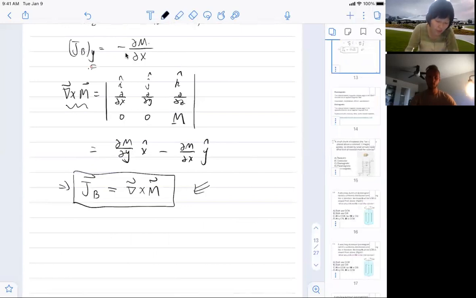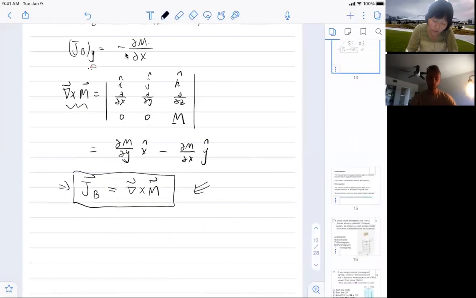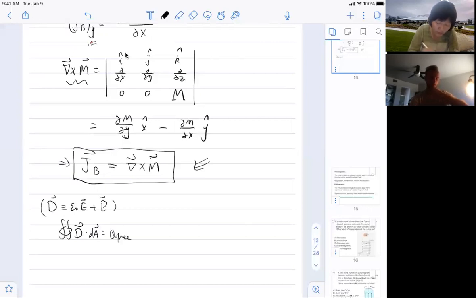Okay, so now we have derived the bound current. We are going to do the same thing as we did before. Remember when we did displacement? We derived a new field. The displacement field is epsilon E plus P, the polarization, and we write our Gauss's law as the integral of D dot dA equals Q free. So we're going to do the same thing for our magnetization.